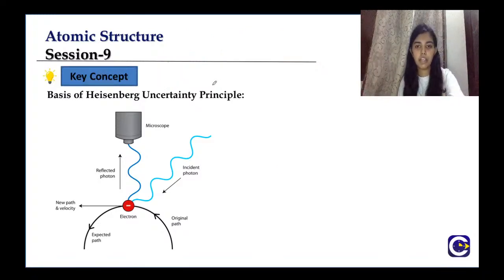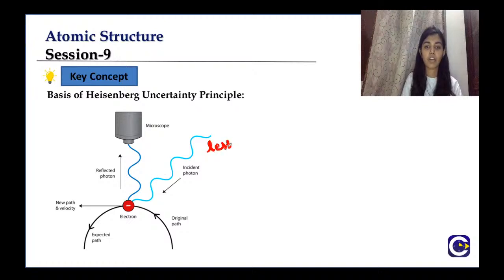Similarly, if we want to find out the position basically or the momentum of the electron that is traveling in the orbit, the radiation that we need to provide should be of lesser order than that of the electron.